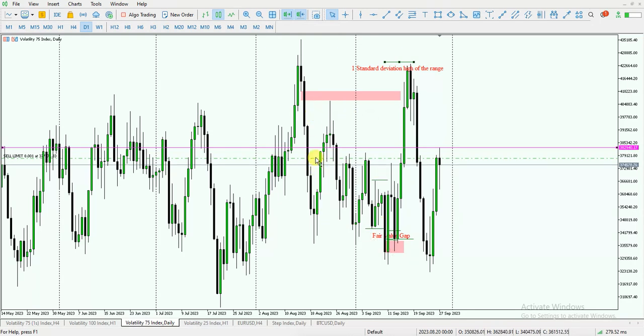So price was consolidating, but it was leaving buy side liquidity resting above this high. You notice as it left liquidity above this high, there was an imbalance here, a little bit of a gap that wasn't closed in.